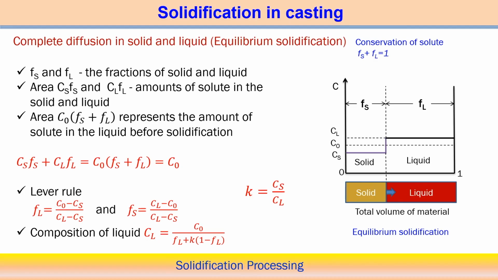Now, assume Fs and Fl are the solid and liquid fractions at a particular point in the mixture between the solid and liquid zone. Conservation says the total fraction should be 1, so Fs and Fl total 1.